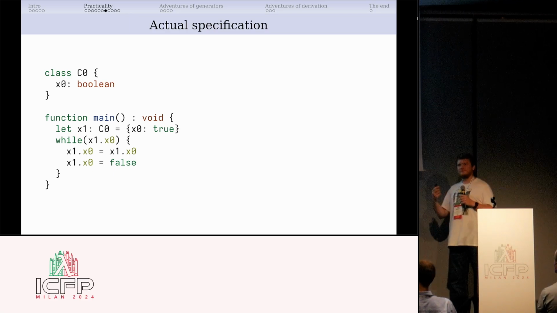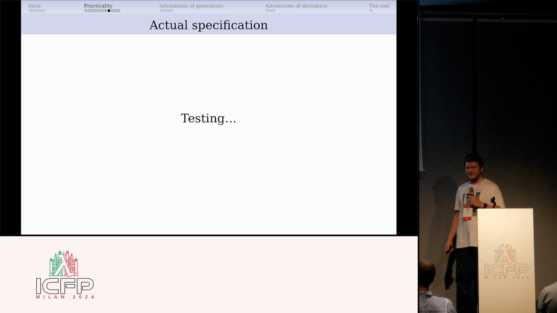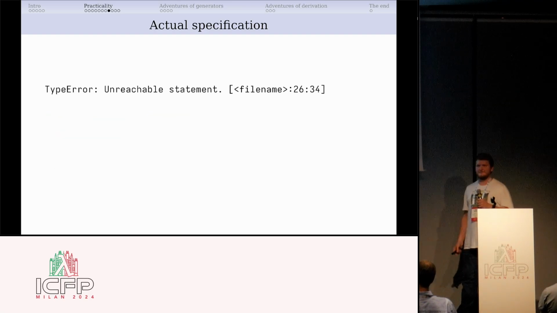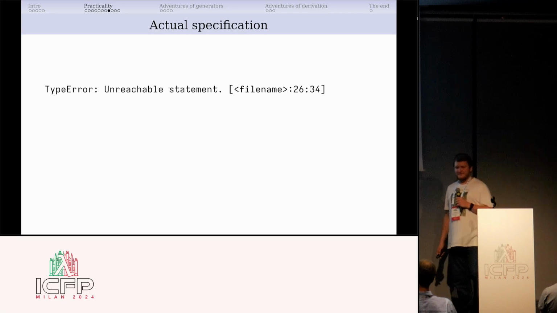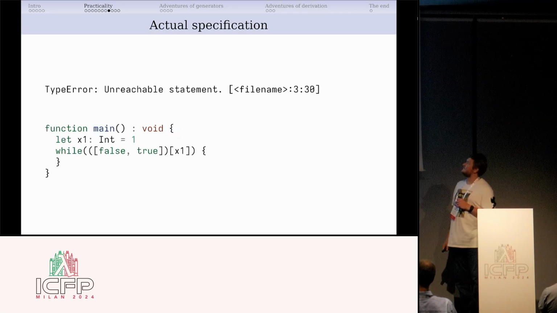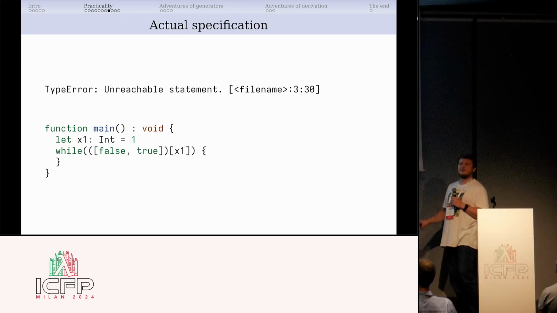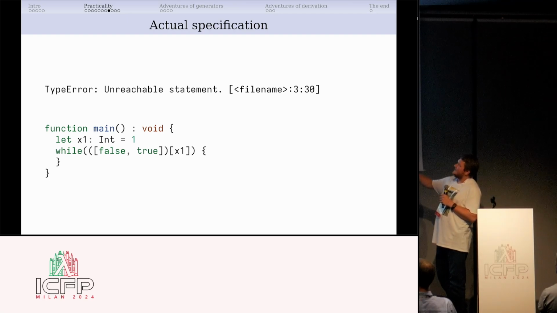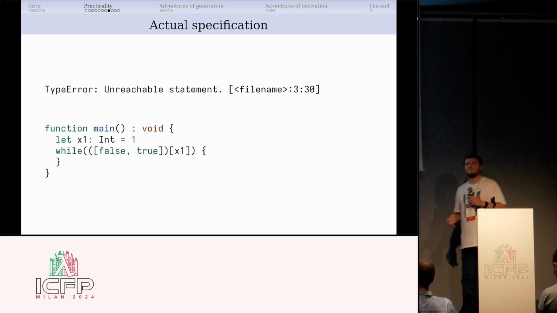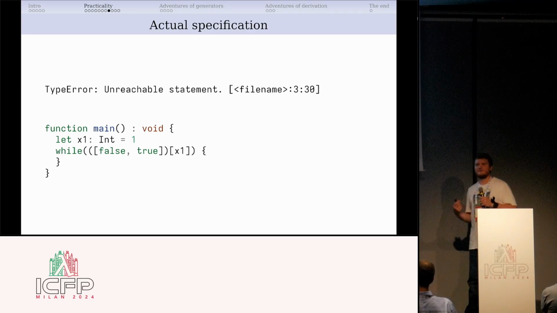So we kept testing, and we found some type error. After shrinking, we found this type of bug. We realized that every time you try to index a vararg literal, you always get the wrong result.